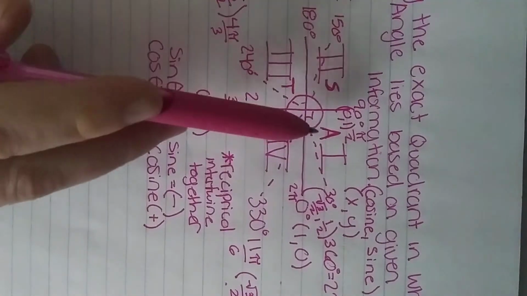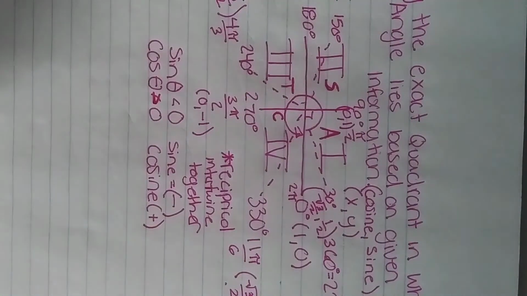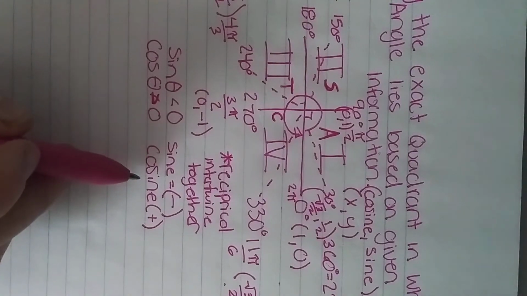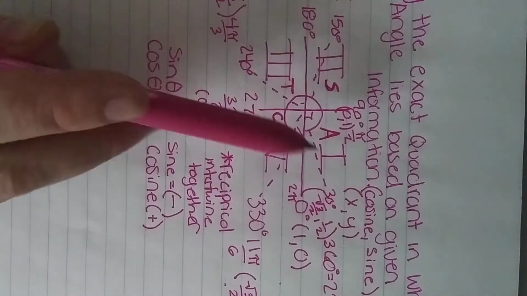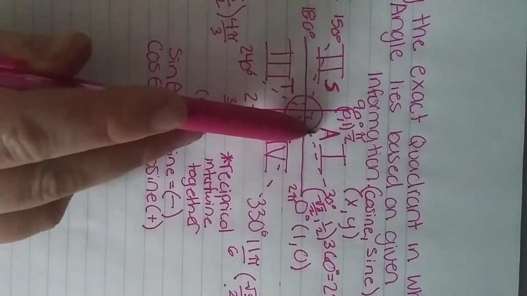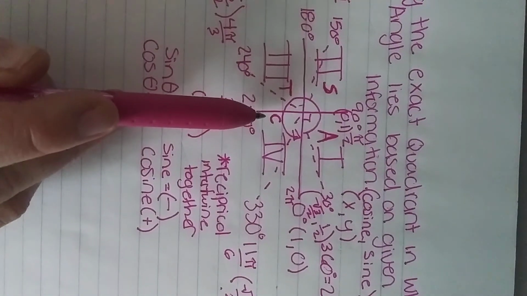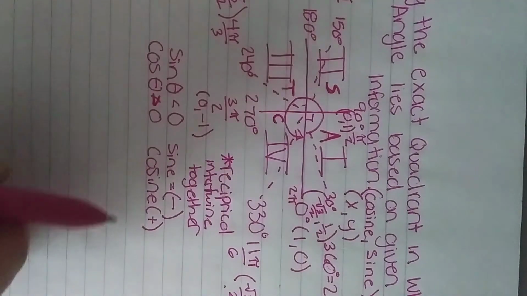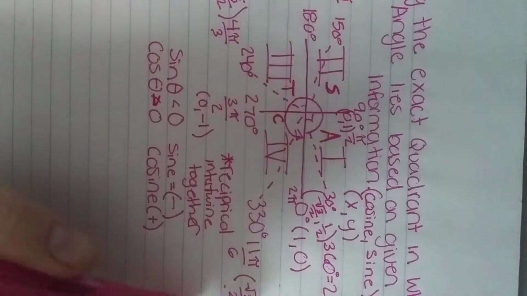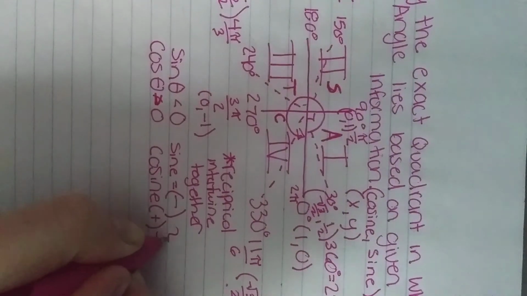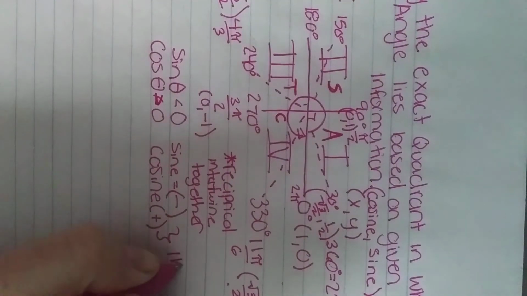Now, in which quadrant could we say that sine is negative and cosine is positive? Well, if we look, we remember that all students take calculus. The C is positive cosine. So, and sine is negative in quadrant 4. So for this question, we would be in quadrant 4.